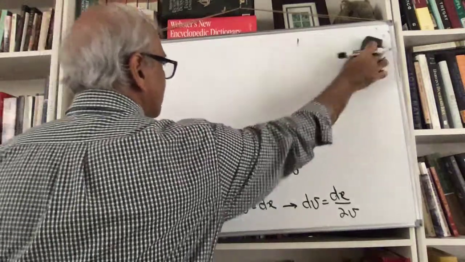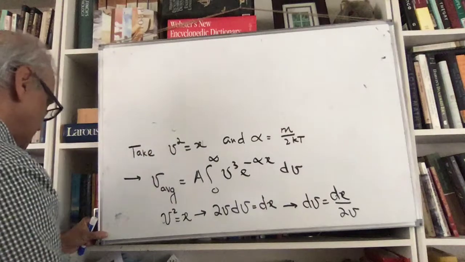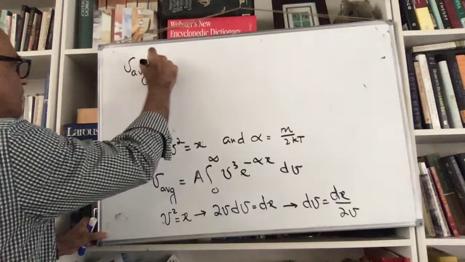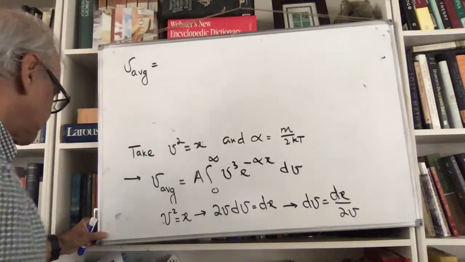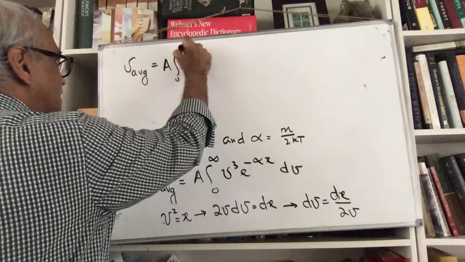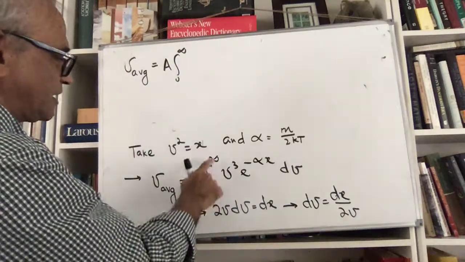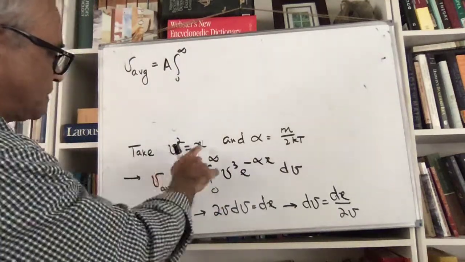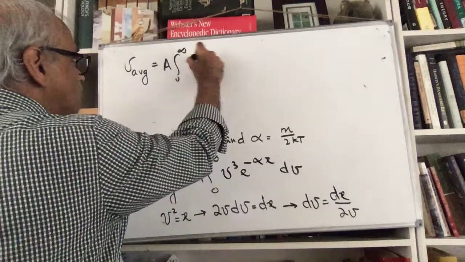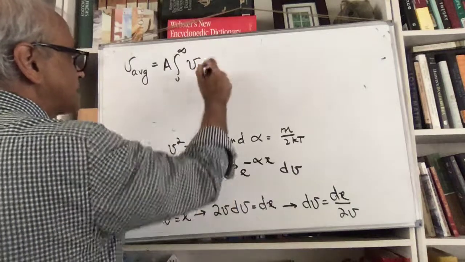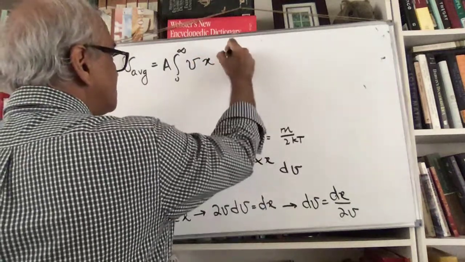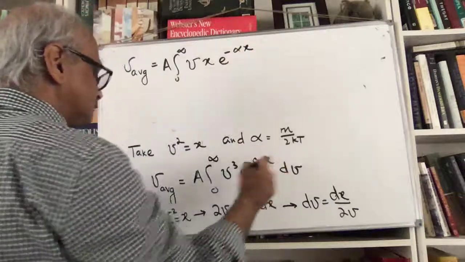All right, so let's go up here and just write this down again. My v average will be equal to a goes outside, 0 to infinity, because I think the limits don't change when I do that. Because v cubed, I still have a v x e to the power minus alpha x.